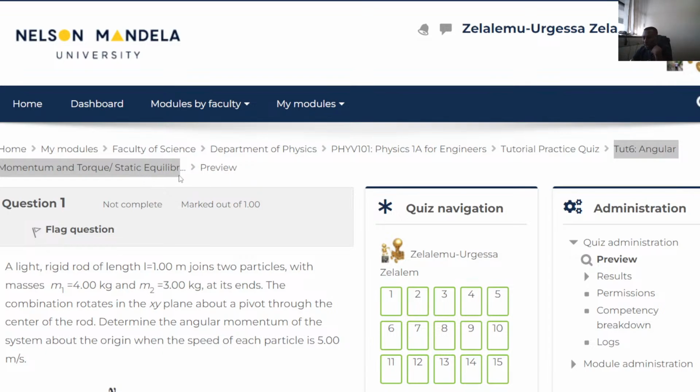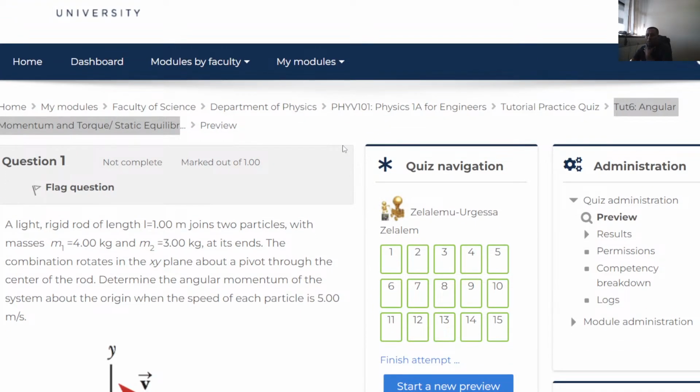For today's discussion, we will be going on to tutorial 6, which I'm displaying for you, those of you on YouTube. This is where it is on the Moodle. Tutorial 6 deals with angular momentum, torque, and then static equilibrium. That's what we are up to.